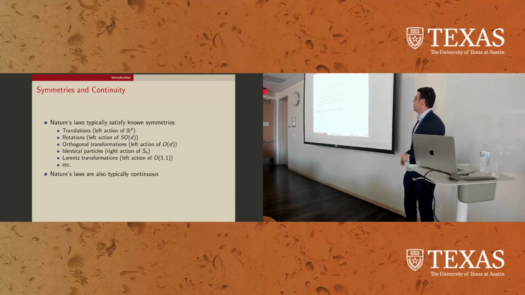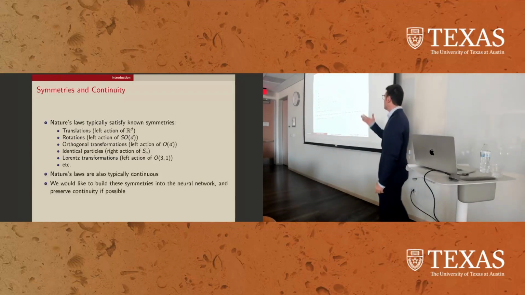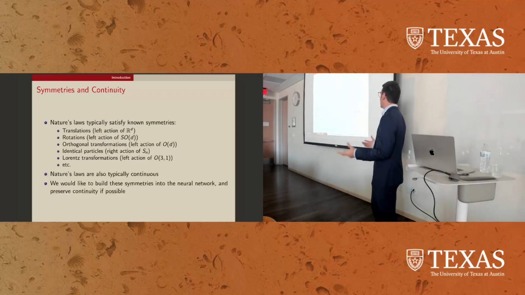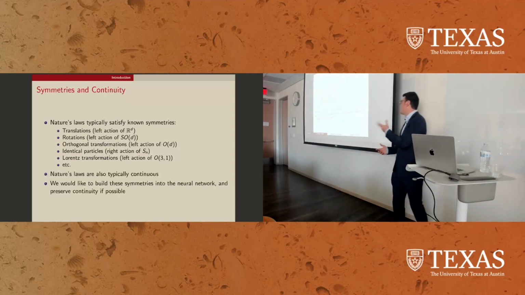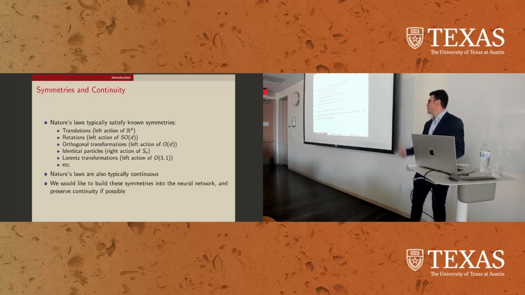So most of the time you're going to have invariance to some symmetries, and most of the time the ground truth is also going to be continuous. We should try to build these symmetries and continuity into our neural network architecture if possible, because this should improve the generalization error and reduce the amount of data we need. We should build all the knowledge that we have into these models.